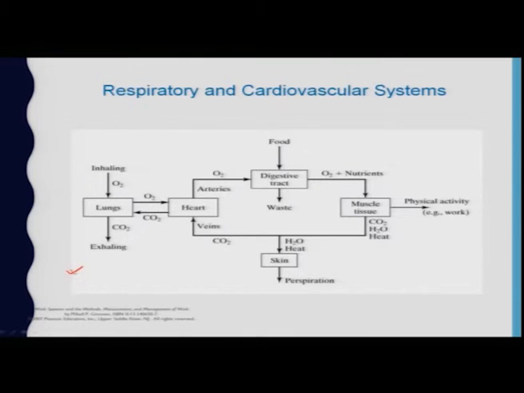I found this most interesting and important schematic, which shows the major components of the respiratory and cardiovascular systems and how they work together to transport material necessary for metabolism.